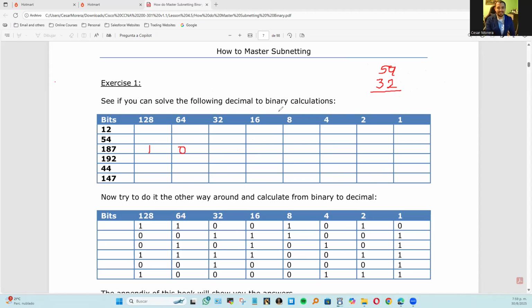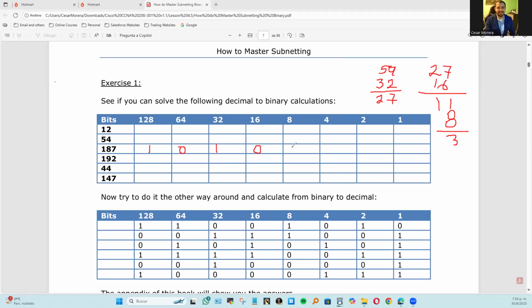Let me correct this. It was a 7 and a 2. So this one will be a 1. Now 27 minus 16. We have a 1 here and a 1. It will be 11. Okay, this will be a 0. 11 minus 8. 8, 9, 10, 11. It will be a 3.